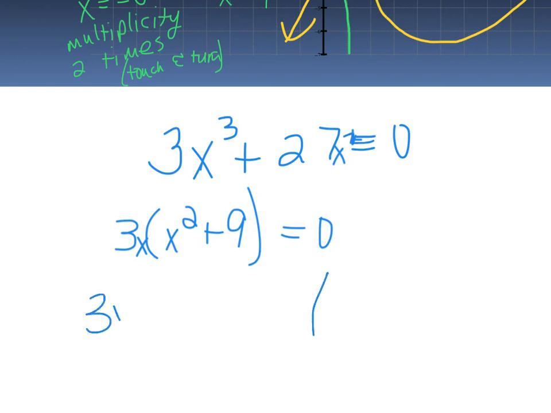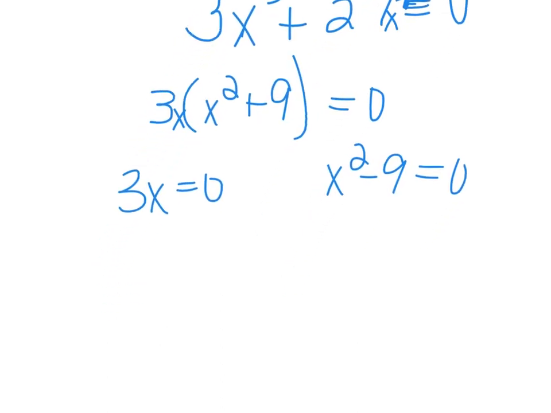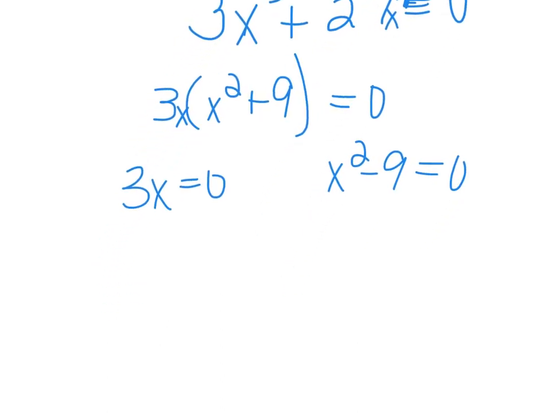So if I say 3x equals 0, and then over here, I have x squared plus 9 equals 0. Well, solve this. Divide both sides by 3, and you get what? x equals 0. That's fine. And then what do I do here? Subtract 9.